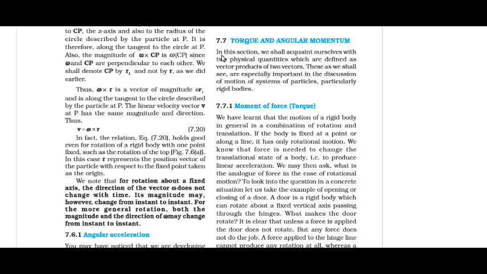Today we'll start with the topic 7.7 torque and angular momentum. So first we'll discuss moment of force, that is also known as torque.